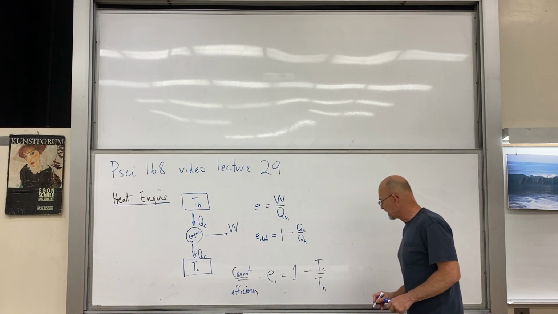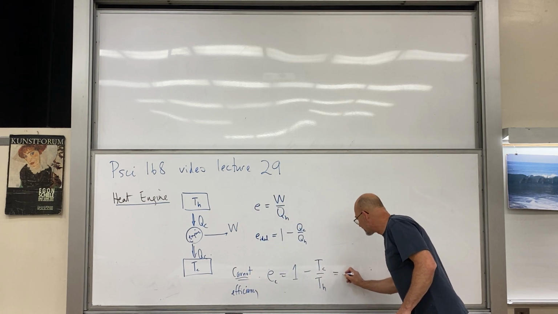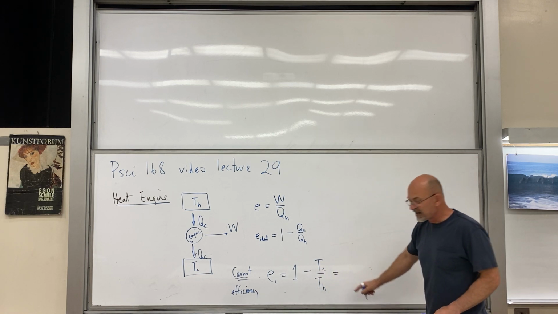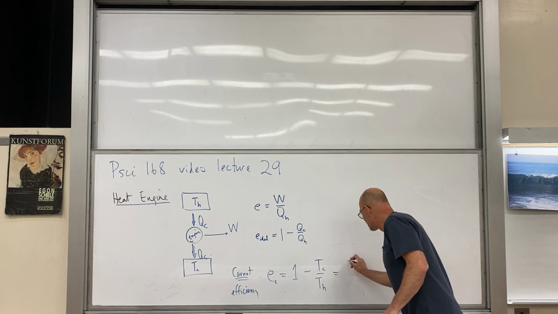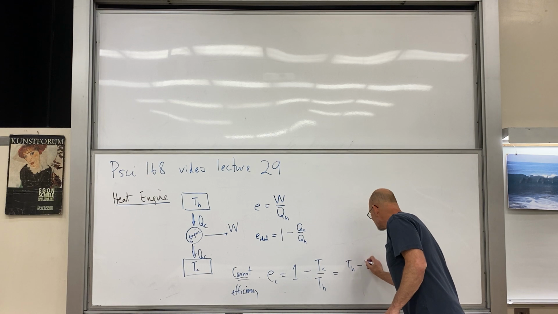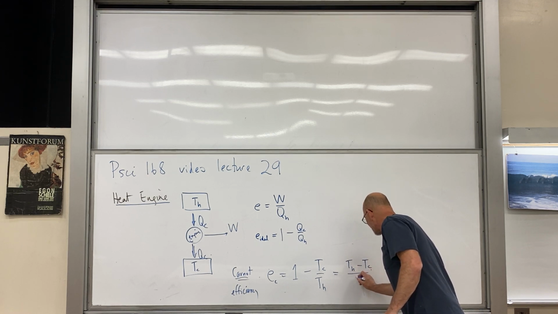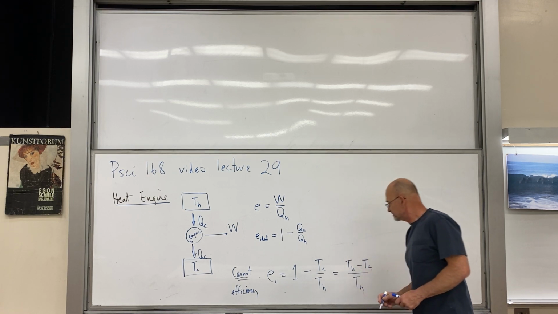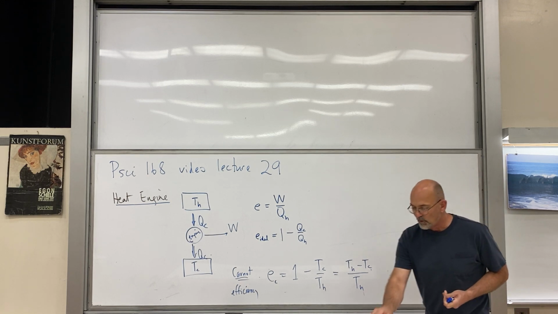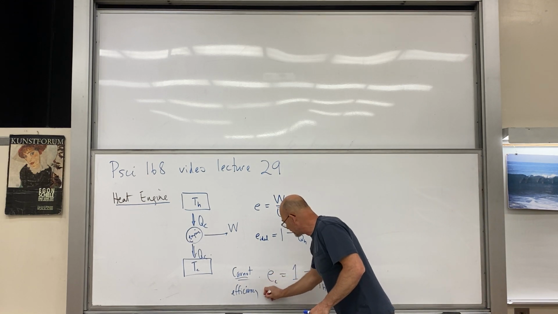I can also express this just by getting a common denominator, TH minus TC divided by TH. In this second form here, let's go ahead and put a box around this whole thing.